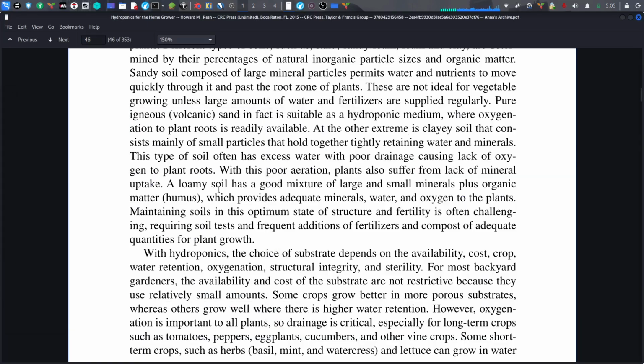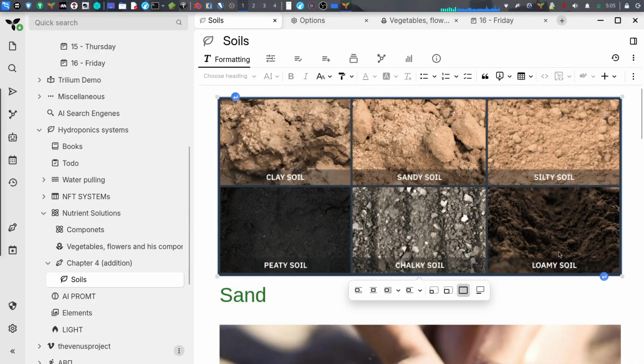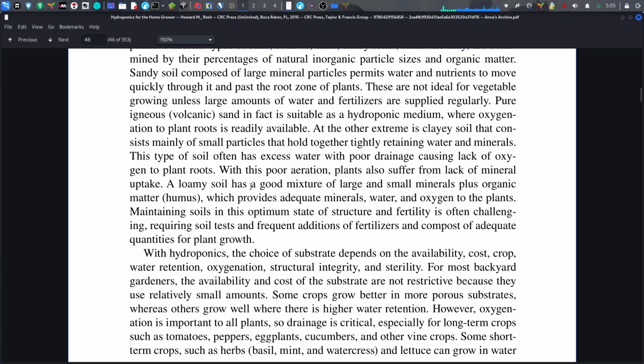Let's continue. A loamy soil has a good mixture of large and small minerals plus organic matter, humus, which provides adequate minerals, water, and oxygen to the plants.